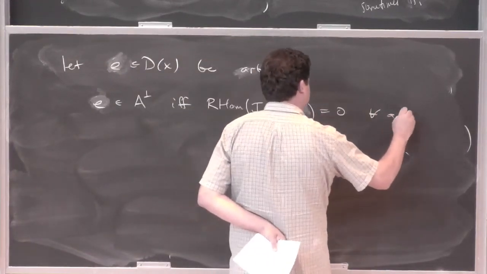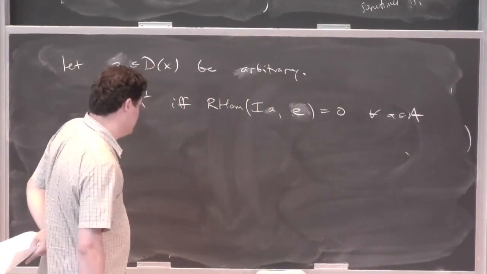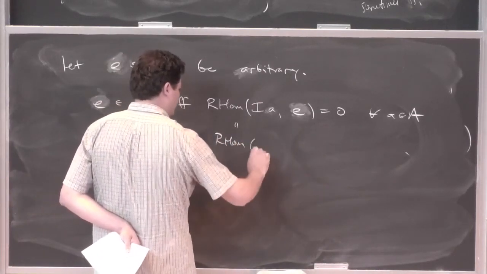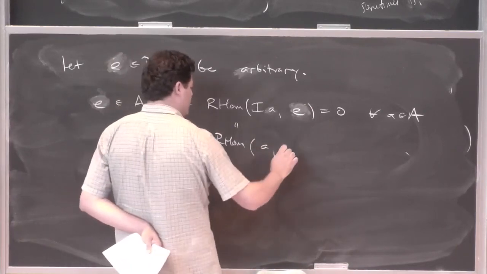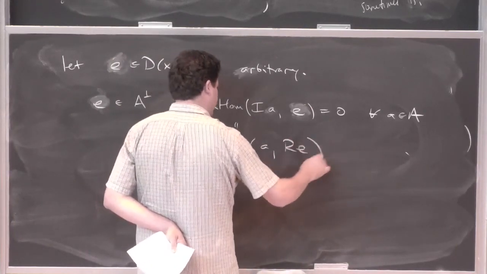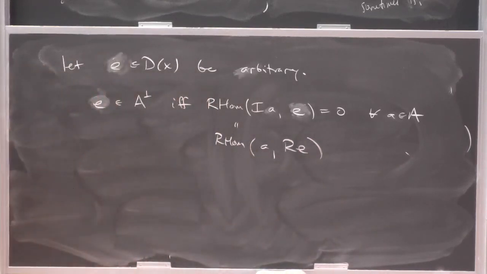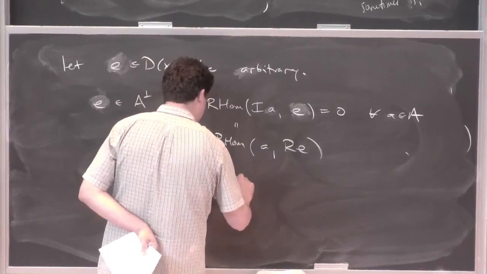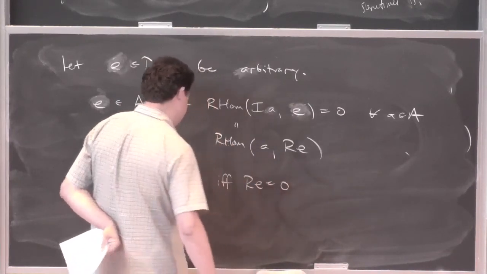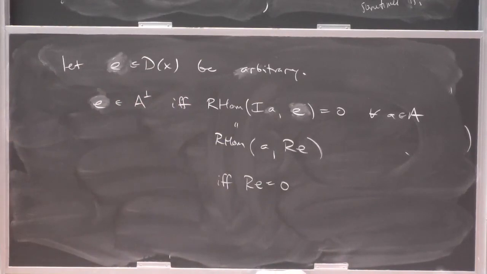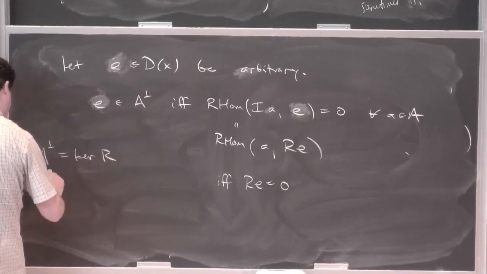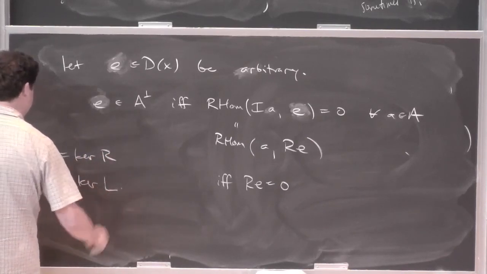And this is RHom from A to the right adjoint of E. And by Yoneda, this happens if and only if the right adjoint applied to E is 0. So A perp is the kernel of R, and perp A is the kernel of L.